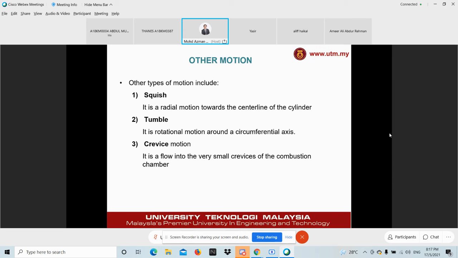Crevice motion is flow into the very small crevices of the combustion chamber. It is mainly the motion where the air tries to go in between gaps or crevices inside the combustion chamber, for example between the piston and the cylinder wall, in the piston rings, and so forth.